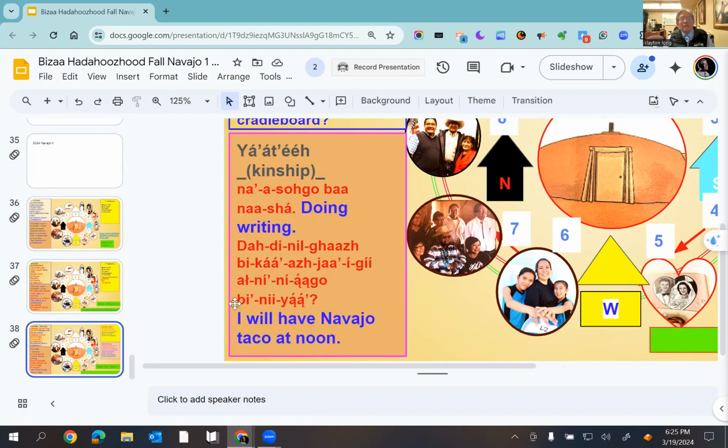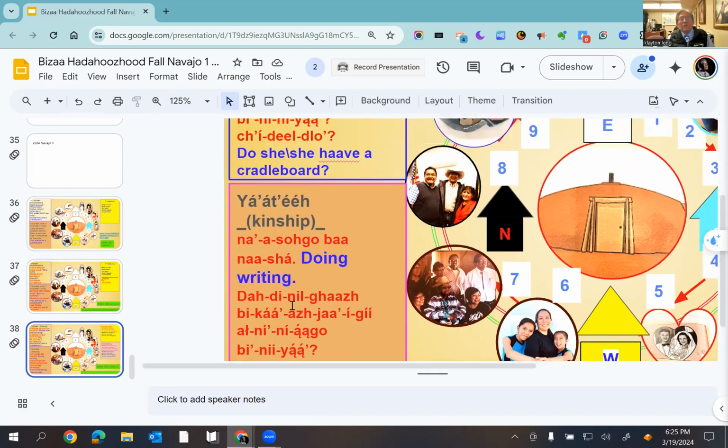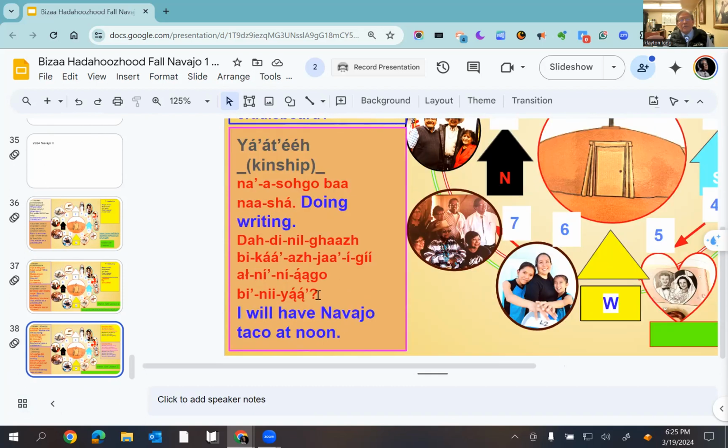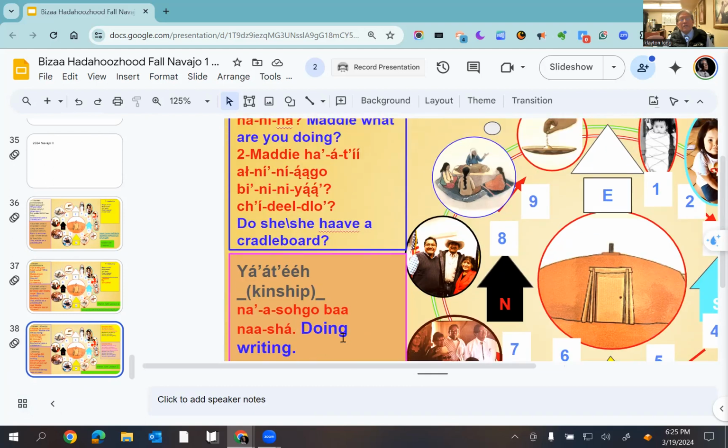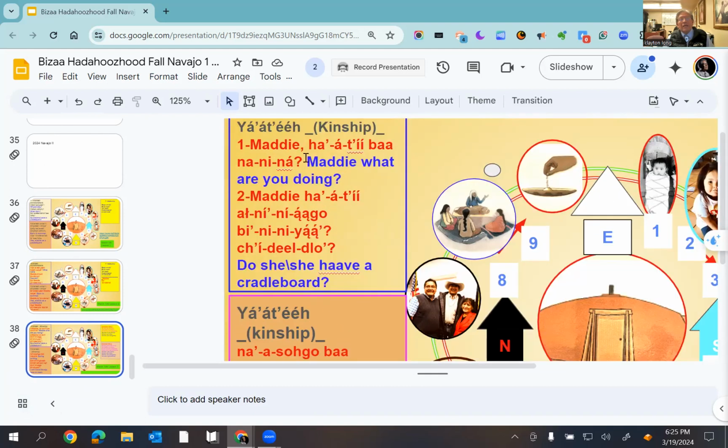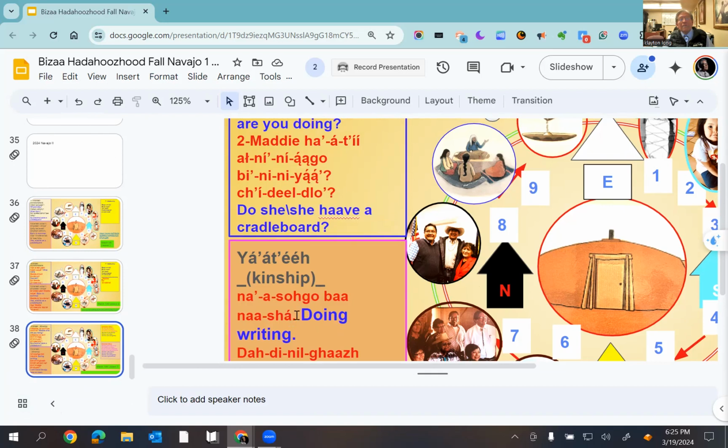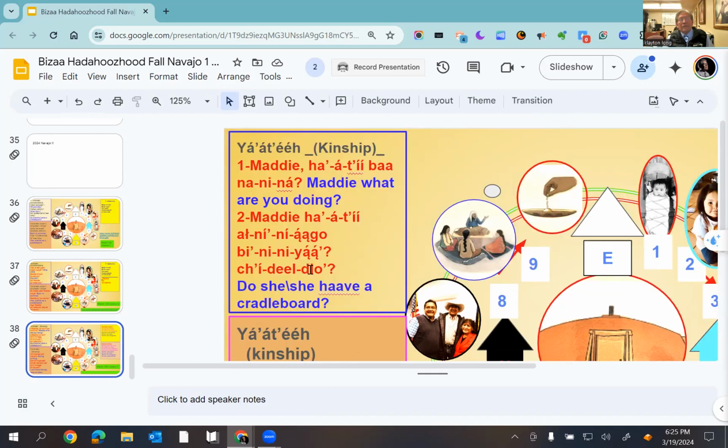All right. So naasogo ban sha. And the last part is that nilagash. Okay, that's correct. Maddie, at ibanana. Maddie, what are you doing? And Maddie would say naasogo ban sha. And then we would say Maddie, at I san ago.